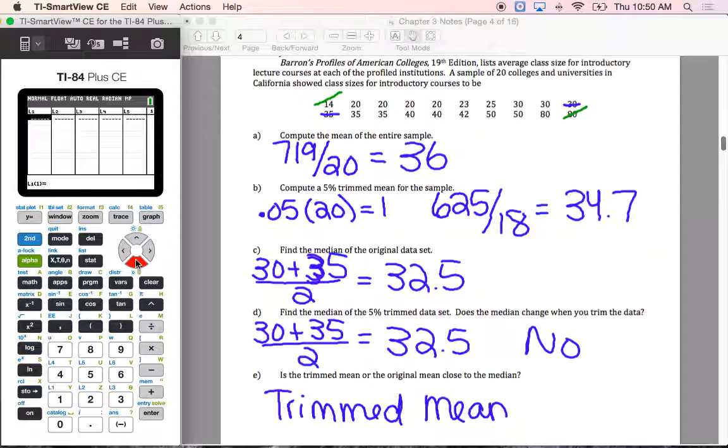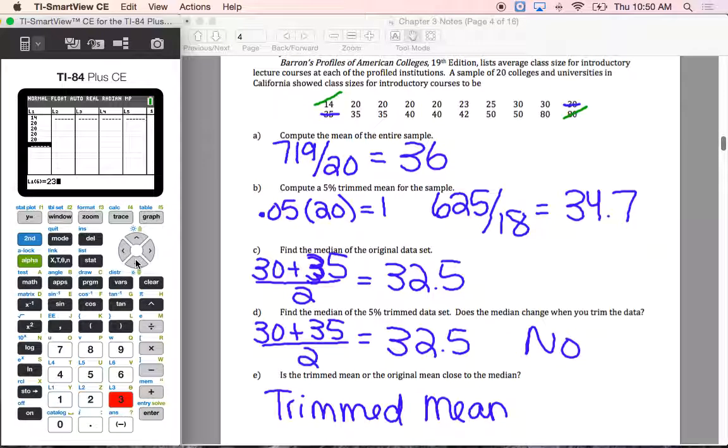I've got 14. I've got to go slow on mine. 20, 20, 20.